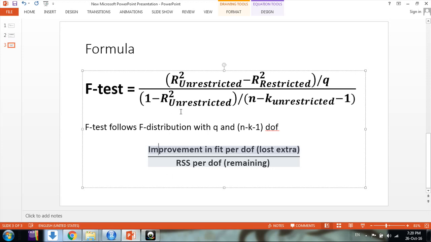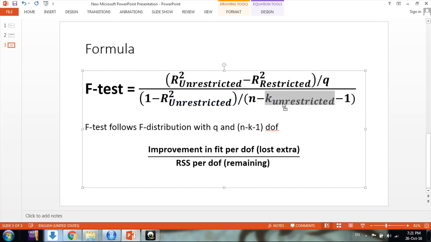Then we divide it by the unrestricted model. What is the RSS of the model? The residual of the model. Friends, when we increase number of variables in a model, we are losing some degree of freedom, and RSS would definitely go down. But we are losing some degree of freedom here.